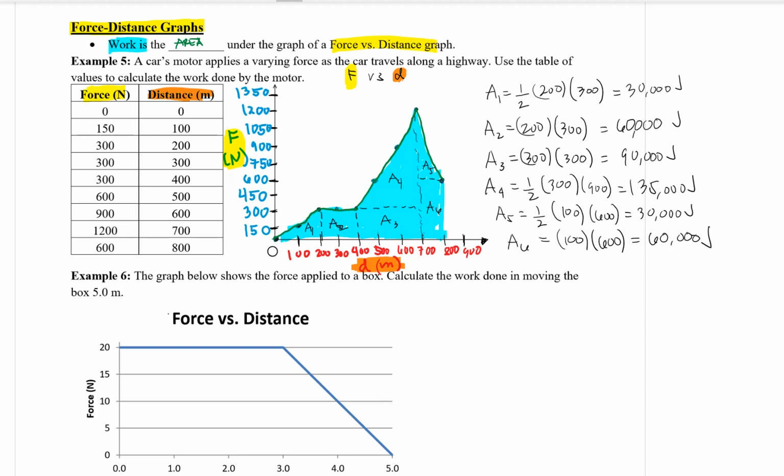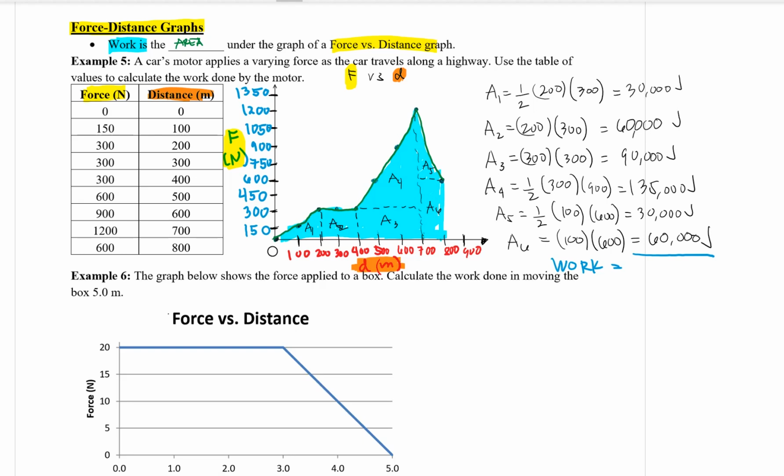So now the work done here is just the sum of everything. So I'll just take the sum of all of the areas, and that should give me my work.